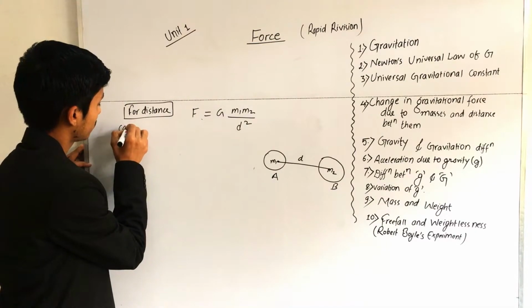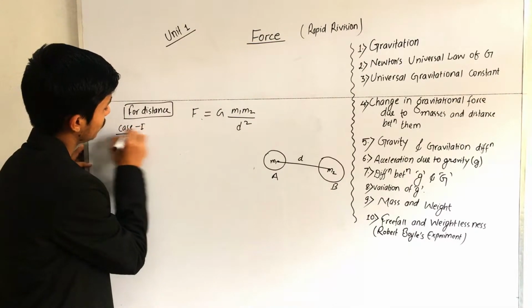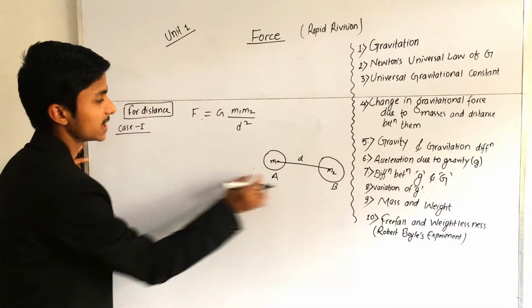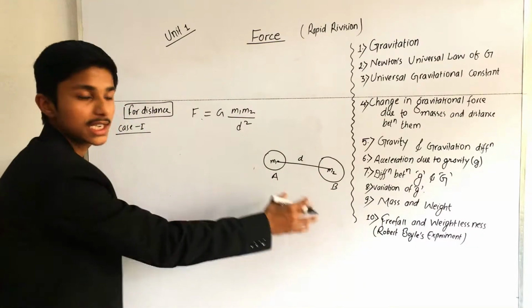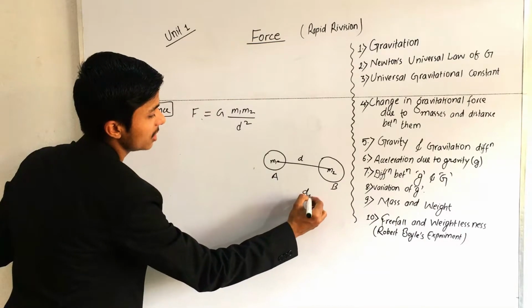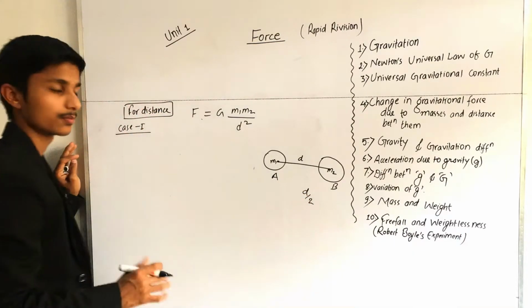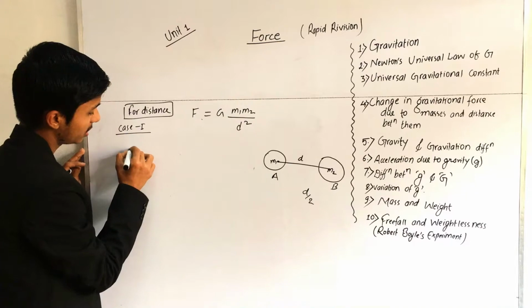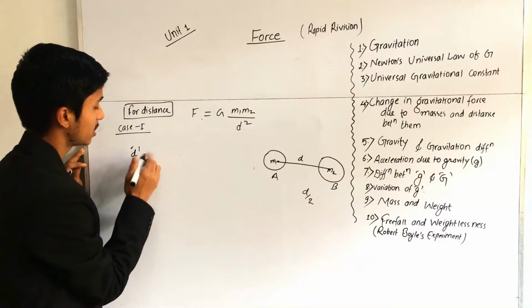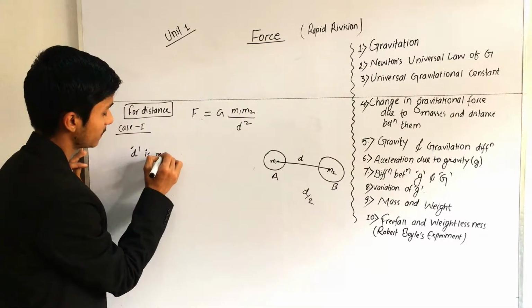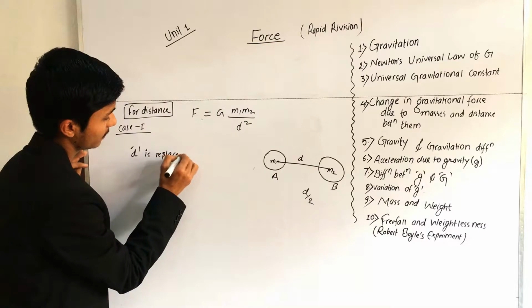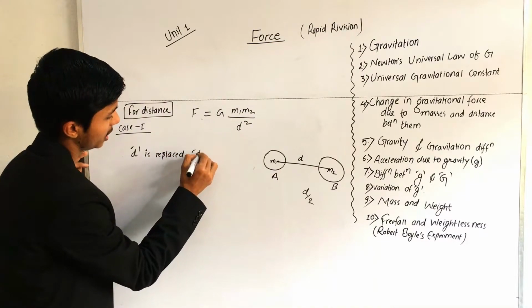Case 1. In case 1 we discuss when the distance is halved. When the distance is halved, it means d by 2. Here d is replaced by d by 2.